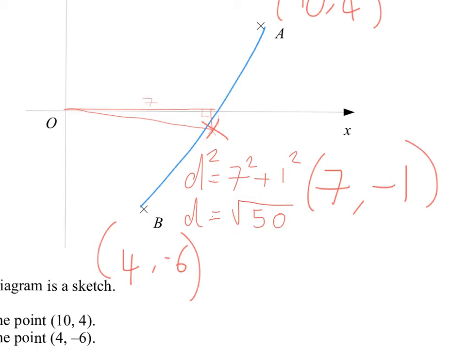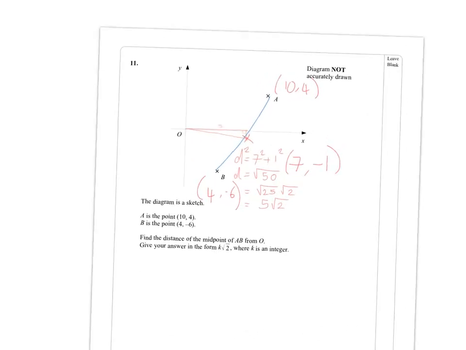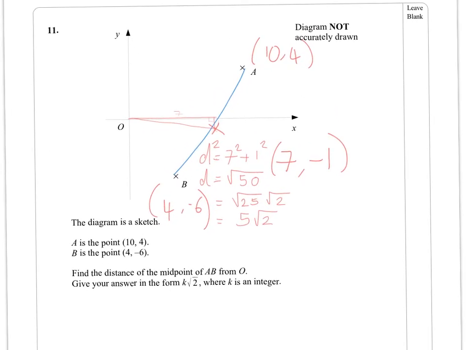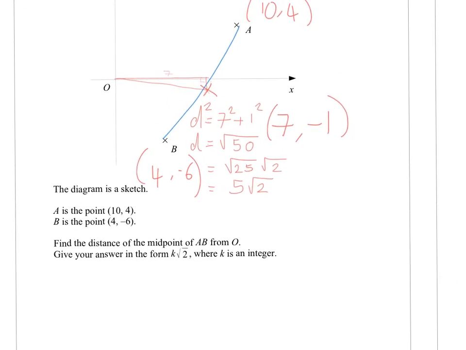To simplify a surd, you find the biggest square number factor of 50, which is 25, and therefore I could simplify that. Root 25, positive root, is 5, root 2, and that would give my answer in the format it was asking for, where k is an integer.